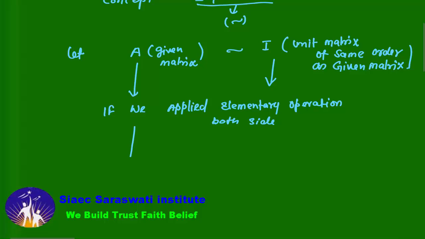Your A will convert to the identity, A will convert to I, then the equivalence of I, that I itself will convert to A inverse. So this is the concept.